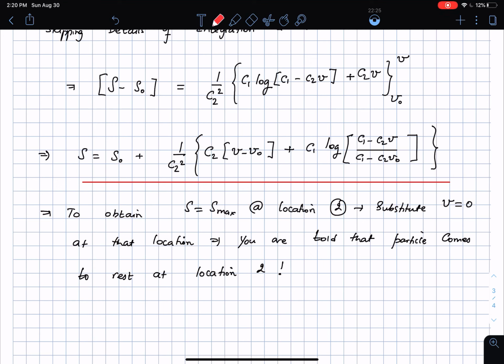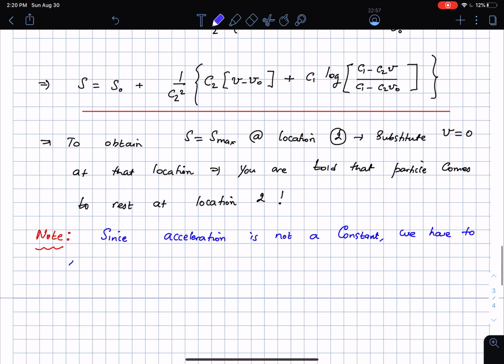And the only thing that you got to keep in mind is that acceleration is not a constant. Because acceleration is not a constant, I have to go through all the integration steps carefully.